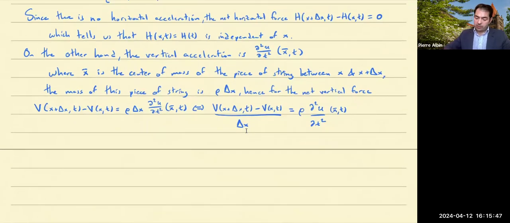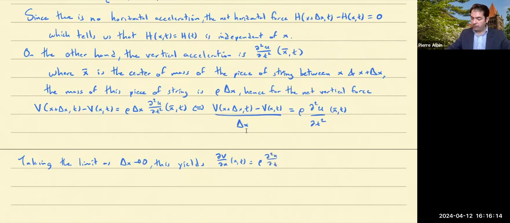So now let's take a limit. We let delta x go to 0. And the left-hand side becomes the derivative of v with respect to x at the point x comma t. And the right-hand side becomes rho times the second derivative of u with respect to t, evaluated at x comma t.